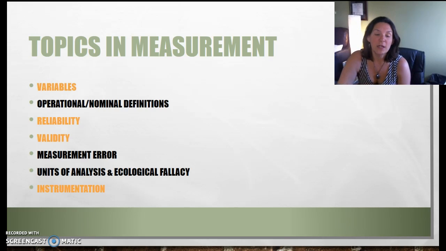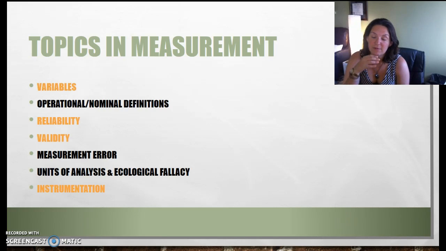What we are going to cover is we're going to start by talking about variables. Obviously, we talk about independent and dependent variables, but also some other types of variables, and just thinking about how to conceptualize what a study is measuring. And then we're going to spend, honestly, the bulk of our time today talking about reliability and validity.